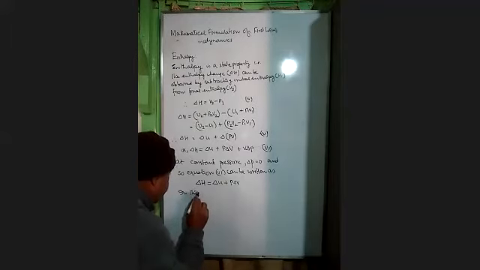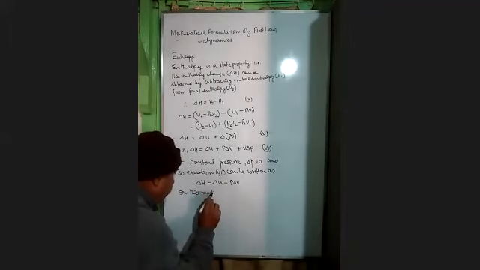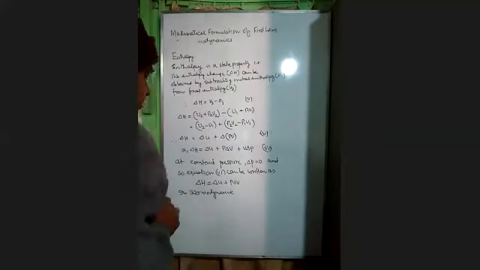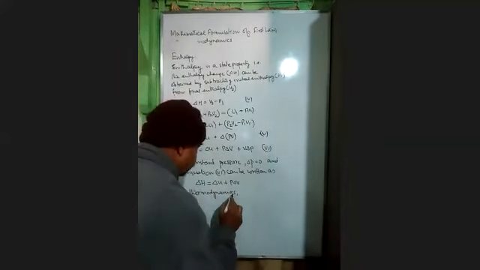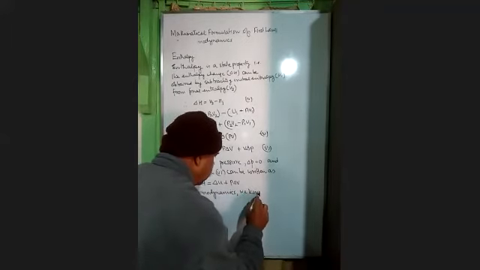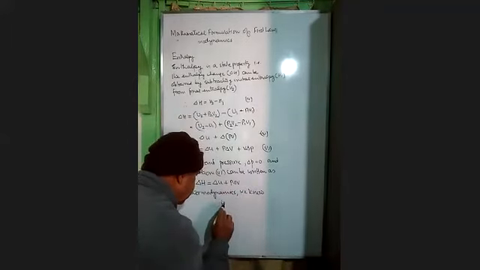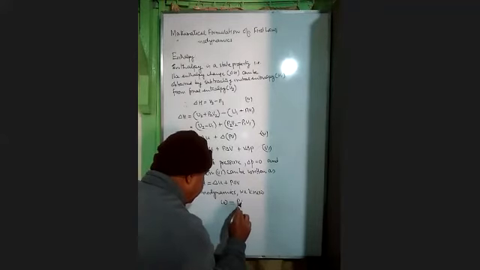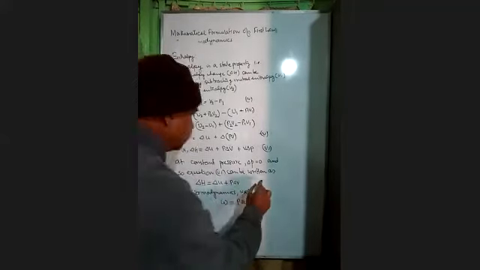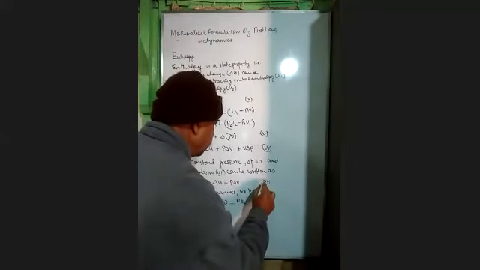Thermodynamics. We know that W is equal to P into delta V. Work means P into delta V. This is 7.